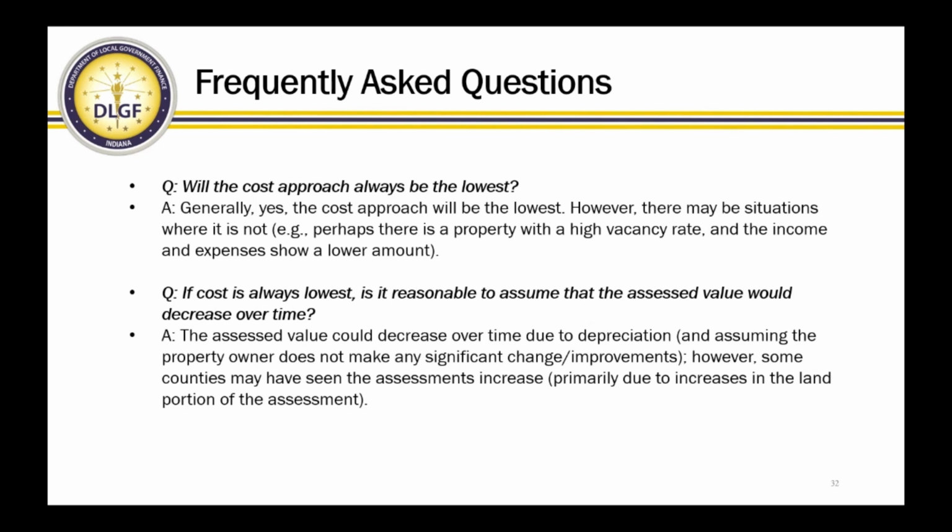But the assessed value may not necessarily decrease if, say, the effective age of the property was changed or updated because of a new roof, new siding, or new windows. Something that would cause the effective age to change would not necessarily decrease the property's value through the cost approach.